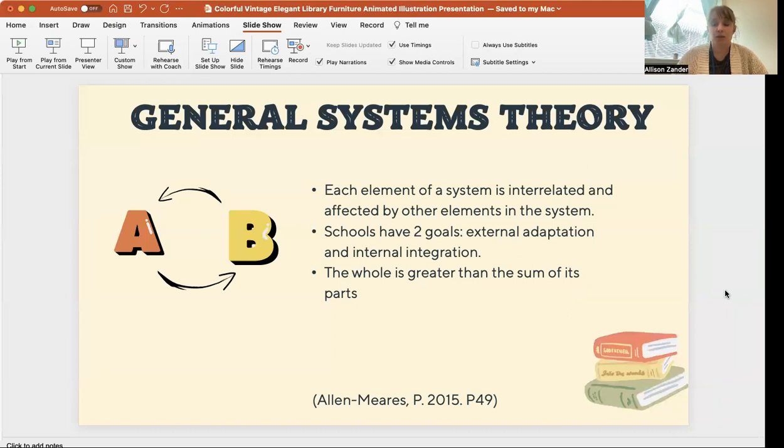within their walls. And general systems theory is the idea that the whole is greater than the sum of its parts. So each element, like if you look within a family, you have the Smith family with 2 adults and 3 children.